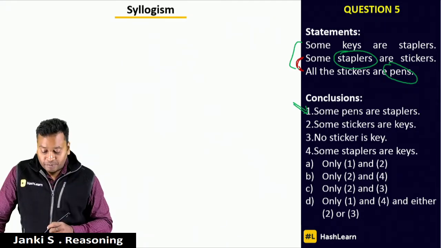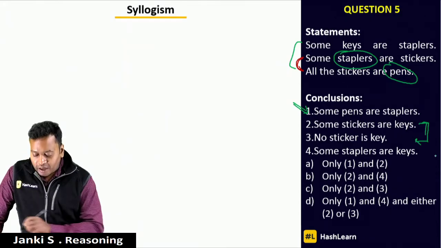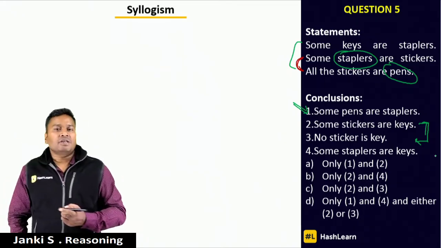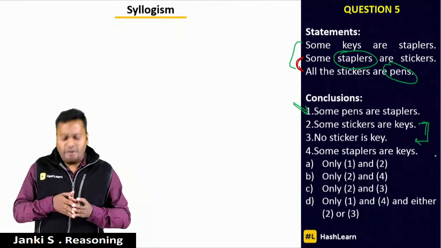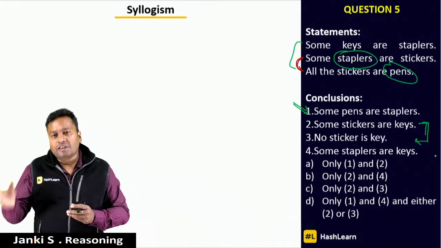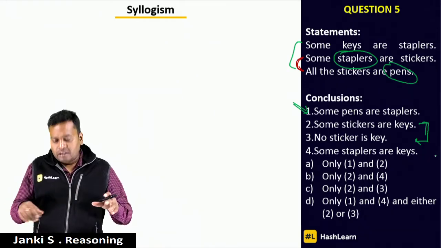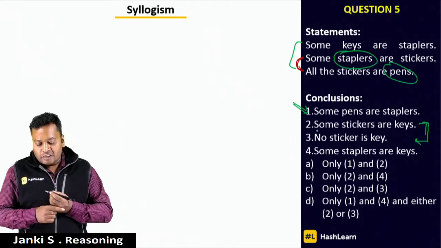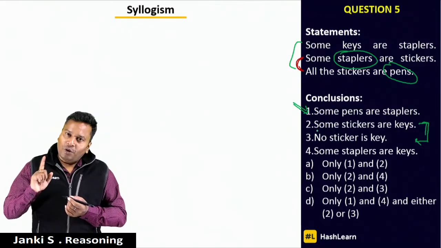But this is an important part here: you have to identify that these two are negations of each other. Some stickers are keys and no sticker is key. If they are negations of each other, one of these two is following. Why do we say no conclusion? Because I don't know which one is following. But here I have two options, either choose this or choose that, so I have a concrete conclusion. That means out of these two, one will definitely satisfy.